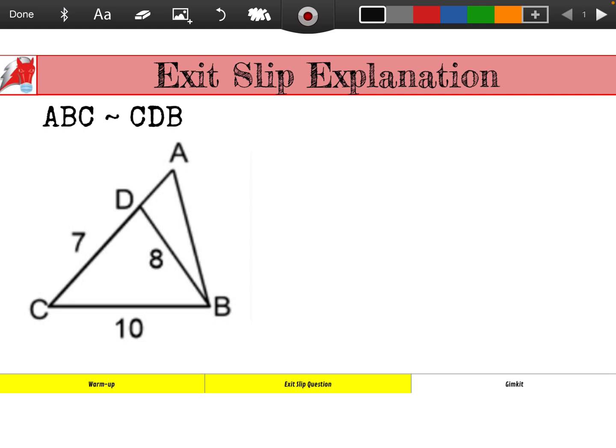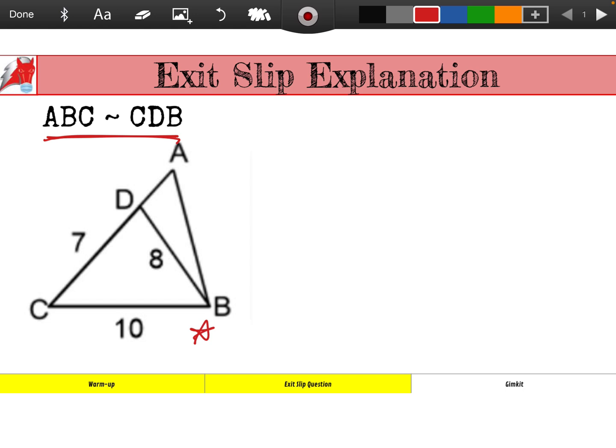And here we go. Like I said in the question, make sure you are using your similarity statement, because you can see this is a pretty confusing figure, but it makes it a little easier when I have the similarity statement. Remember, everything corresponds as far as the sides and the angles.